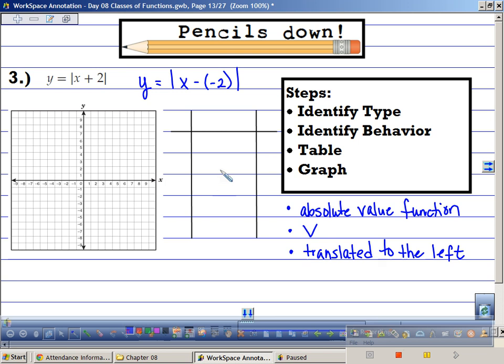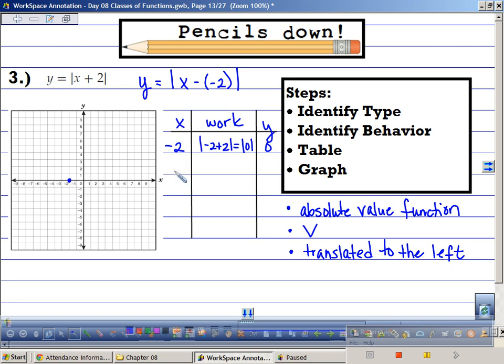Think of the behavior of the graph. What's going on? So that means it must be shifted this way. But I'm going to double check with my table now. So I'm going to start with -2, and I'm going to get -2 plus 2 is 0, which is 0. Perfect.